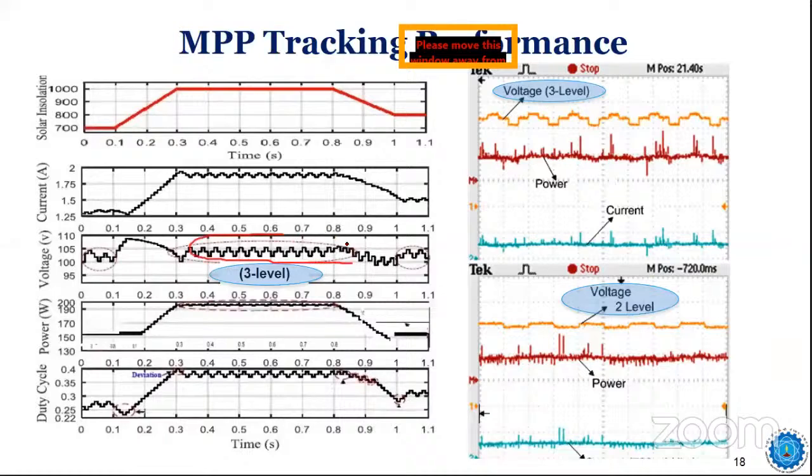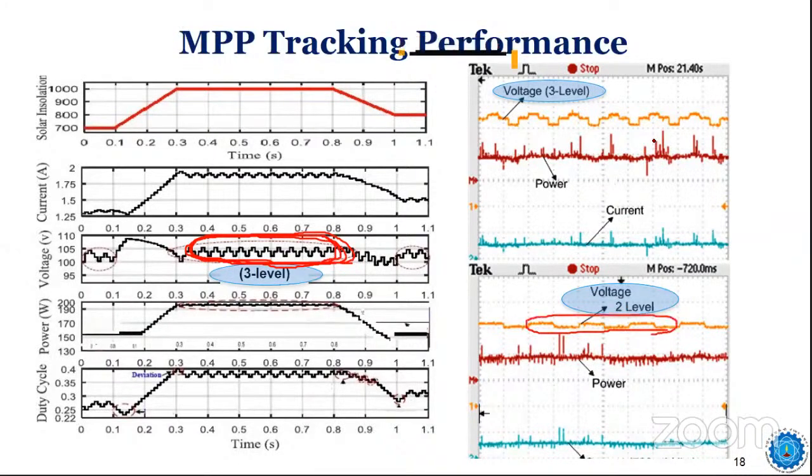This I have already explained just now. You can see the change in voltage is 3 level. Okay, 3 level change in voltage you can clearly see here. Whereas in the voltage sensor based MPPT, you can see a change of voltage in 2 level.